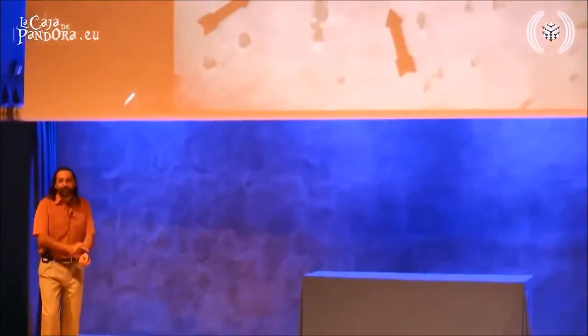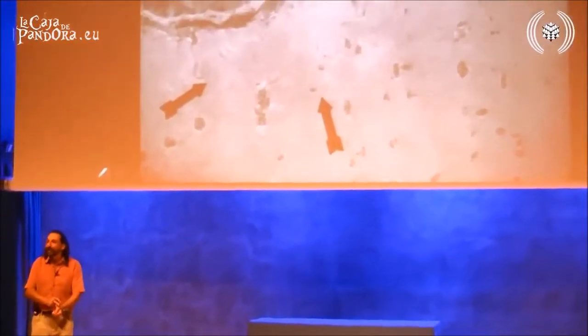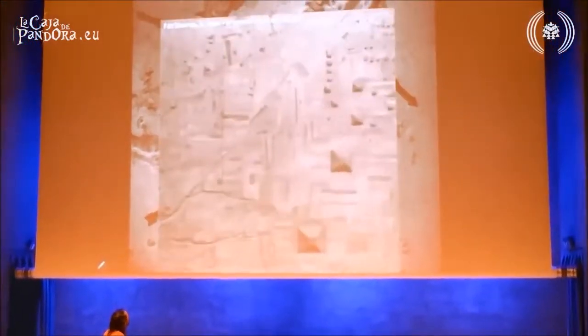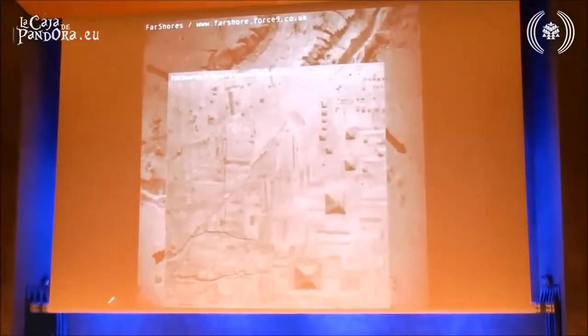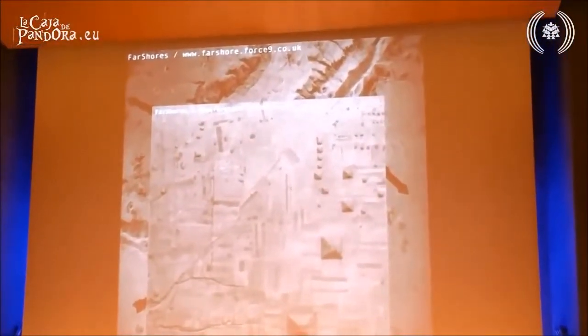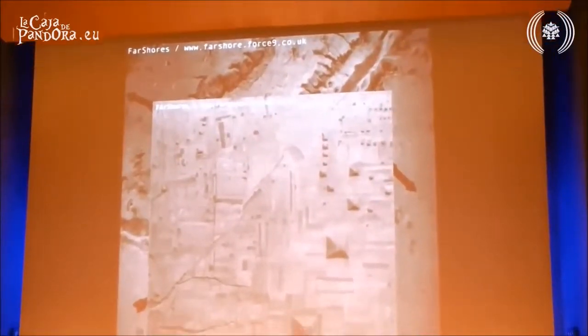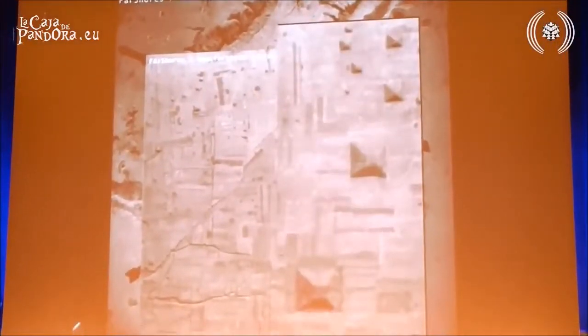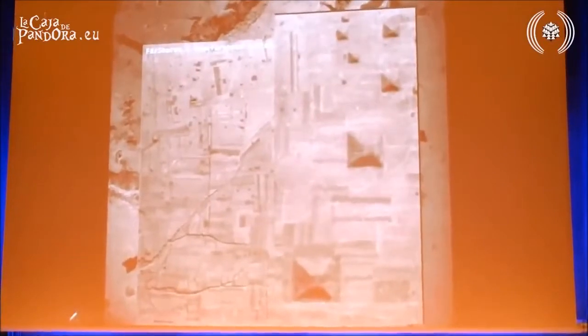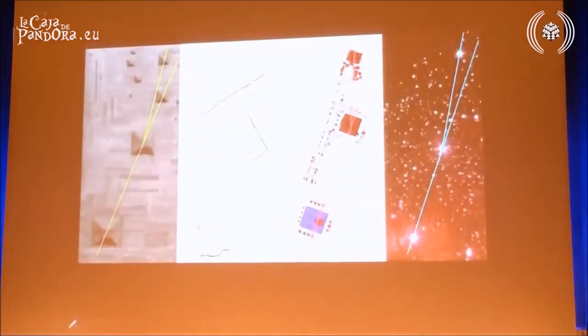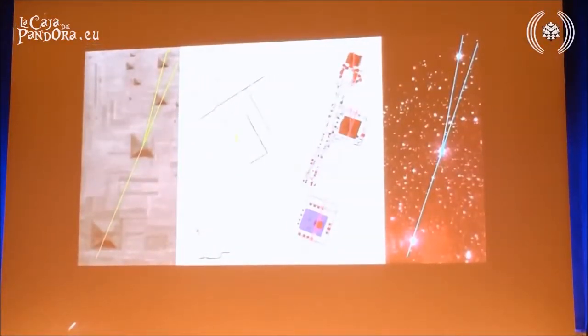Most people don't know, but there are pyramids in China. Those are actually Chinese pyramids. They're very large. You can see. And when you look at the Chinese pyramids, this is the pyramids in Giza.